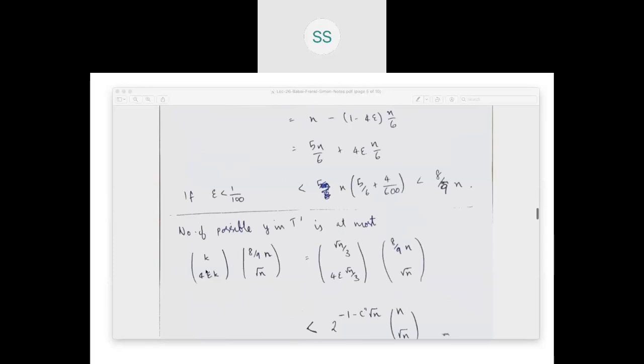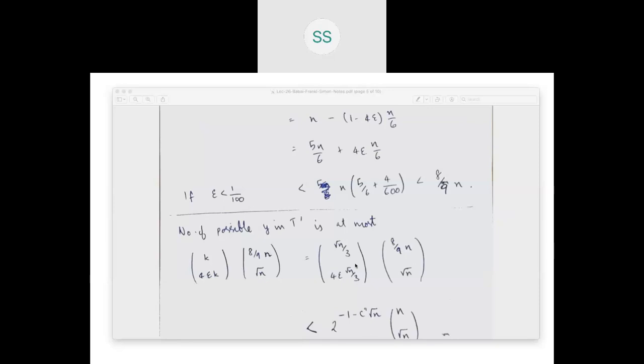So there are 4 epsilon k choose 4 epsilon k ways to choose that. And once we choose that, the 8 by 9 entries get fixed, or at most 8 by 9 entries get fixed. So that many entries are there to choose as the entries of y. So that is again another binomial coefficient, 8 by 9 n choose square root n.